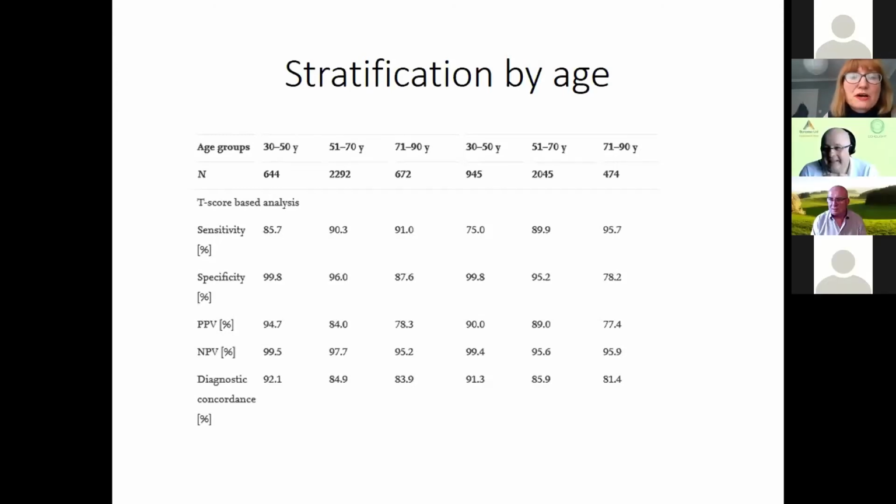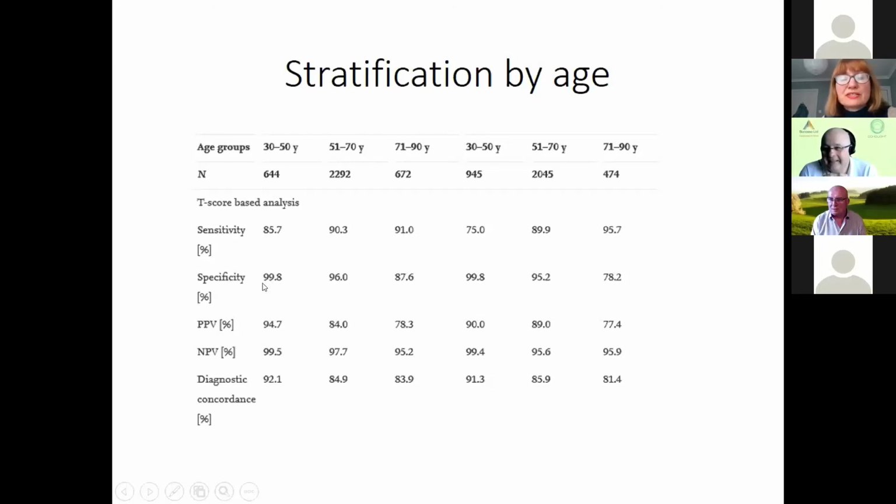I start by pointing out the number of individuals in each of the groups. You can see there are a lot of women in this age group. Sensitivity is very good in the whole group, between just under 86 and up to 91%.